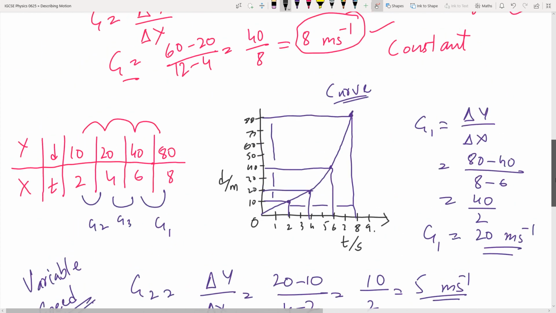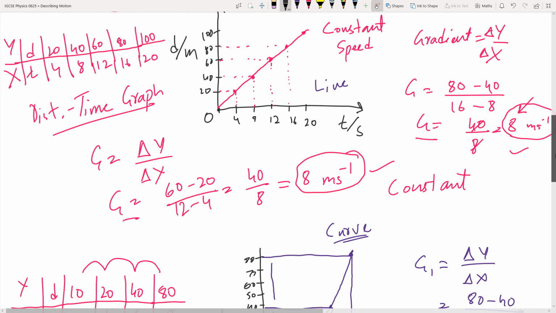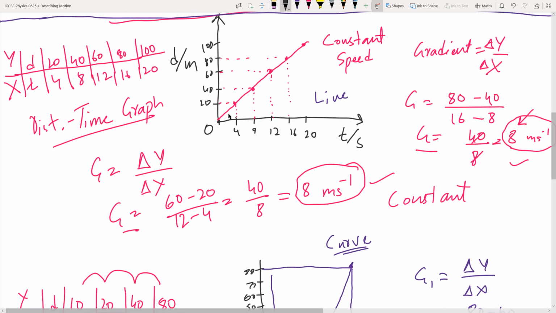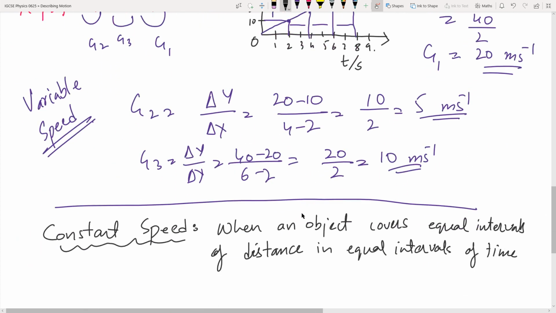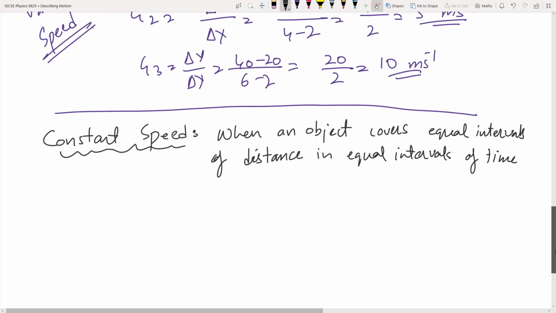This we can see from this graph that the distance between these is same, while the distance between these gaps is also pretty much same. Now I've drawn a little rough diagram, so they may not be appearing as equal as they're supposed to be, but let's consider that the values are telling you that there are 8 equal intervals. So a constant speed is actually when an object covers equal intervals of distance in equal intervals of time. That is what constant speed is.